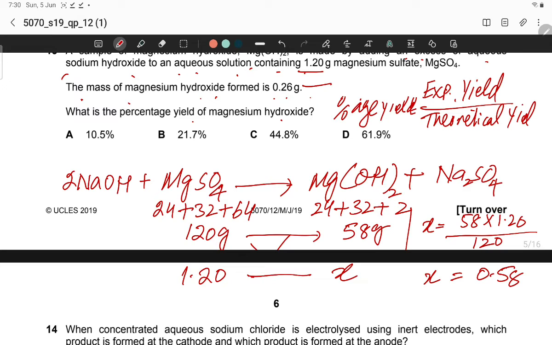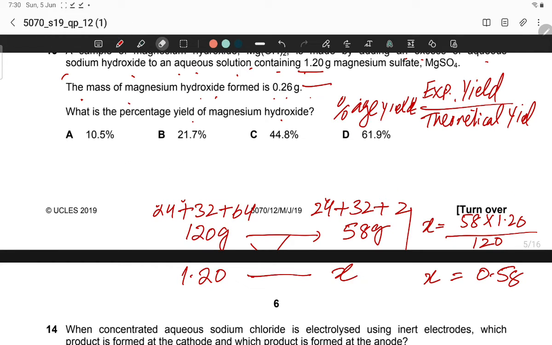Experimental yield is 0.26 divided by 0.58 into 100. This is 44.8. C is the correct option.